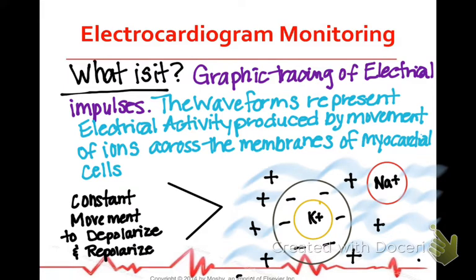Constant movement to depolarize and repolarize these cells. Did I leave calcium out there too? I mean, calcium does do some stuff, but your potassium and sodium do a lot, right?